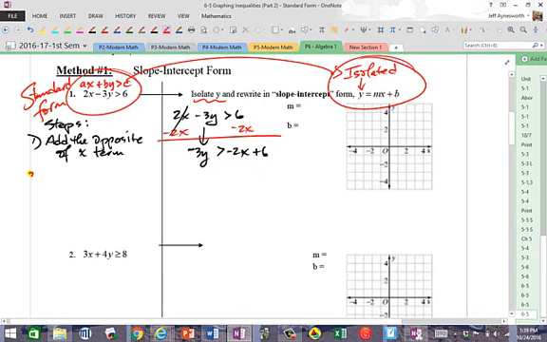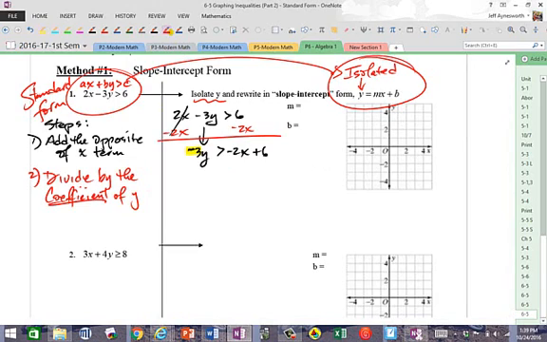Okay, so now step 2. Step 2, divide by the coefficient of y. Get used to that word too. Underline that word coefficient. And that is sitting right here. It's negative 3. One of the things I noticed on your last quiz is that most people knew they had to divide by the coefficient, but you have 3 terms up here, and I saw a lot of people divide only 2 out of the 3 terms by the coefficient.